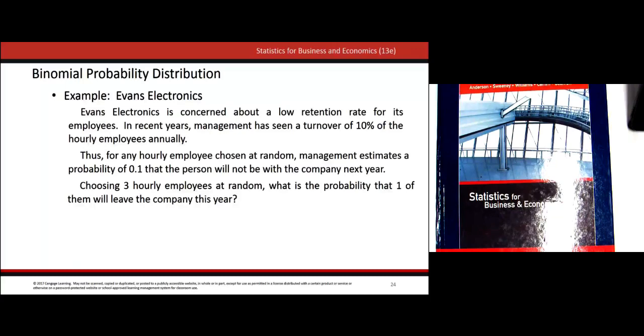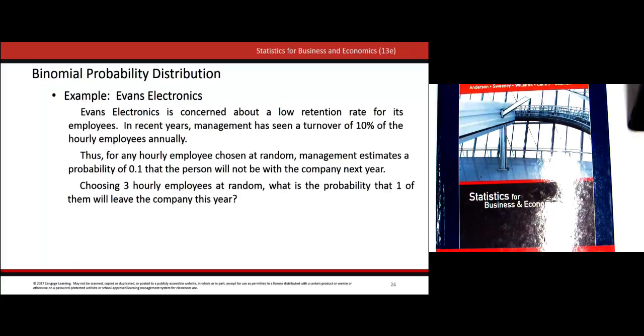Now let's look, is this a binomial experiment? Do we have n identical trials? So we have n is 3 here, we choose 3 hourly employees. So yes, we have n trials. Do we have 2 outcomes for each trial? Yes, either the employee leaves or stays. And here, since we are counting the number of employees who leave the company, leaving the company is considered success.